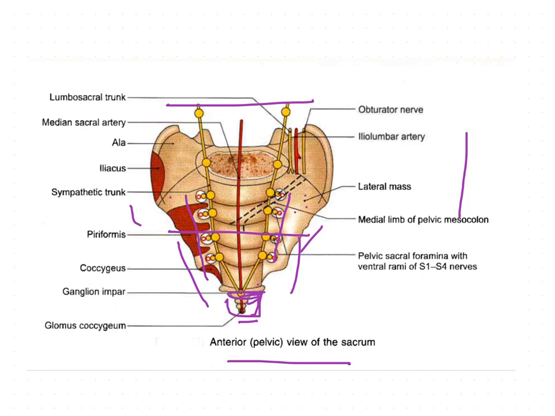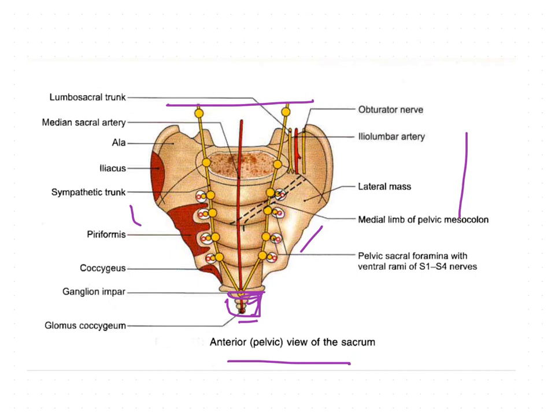Now we will move on to the parts, that is, ends and surfaces in detail. The first one we are going to see is the apex. The apex is a narrow blunt end lying at the lower part, and it is formed by the inferior surface of the body of the fifth sacral vertebra.